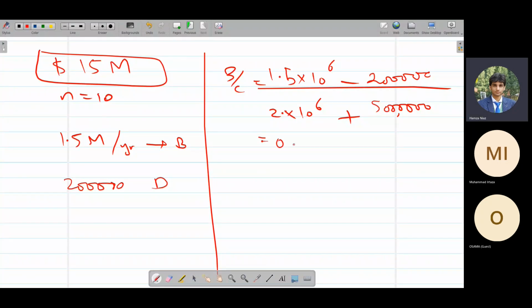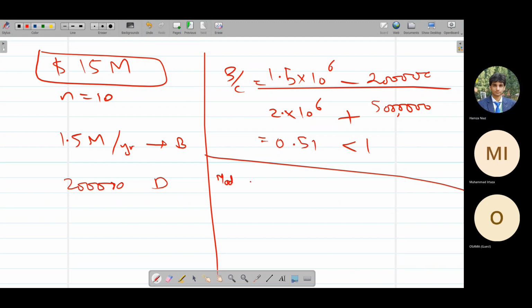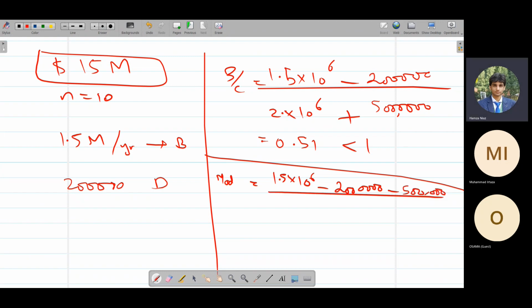So that is very much less than 1. So this project is not feasible. Similarly, if we use the modified B by C, that would be benefit minus the disbenefit minus the annual operating cost, that is 5 lakhs, divided by the initial investment, that is 2 into 10 to the 6, 2 million.